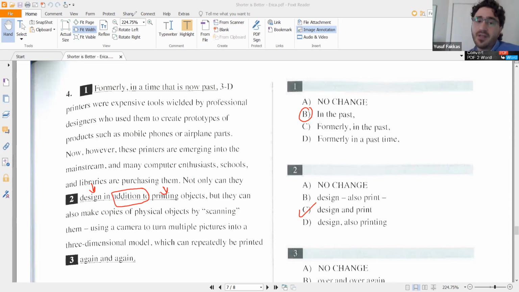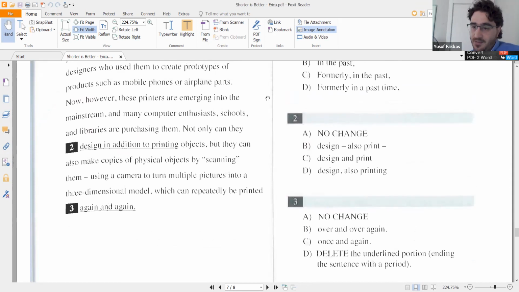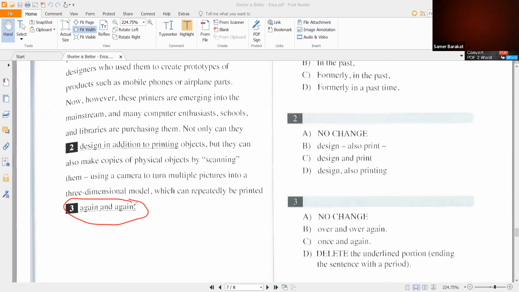Again, shorter is better. Number 3, and I'd like to have Samer here to help me. Samer, the underlined part is here, right? Where is the beginning of the sentence? We can say, for example, here.